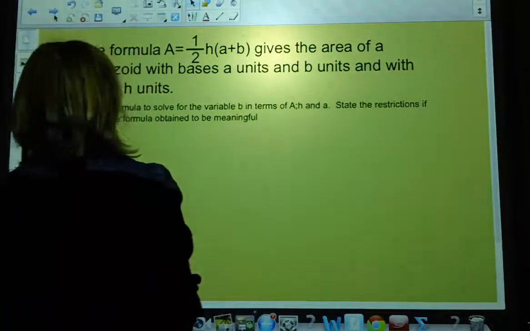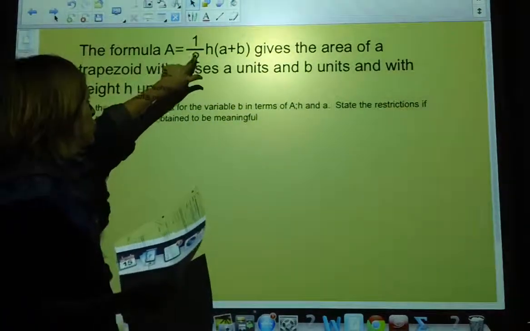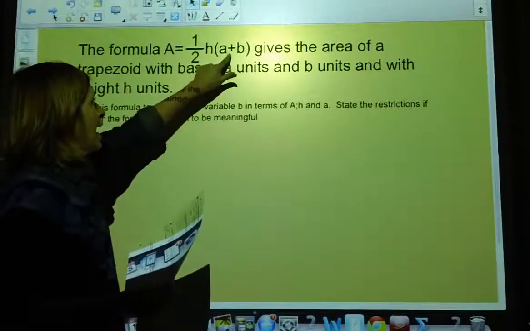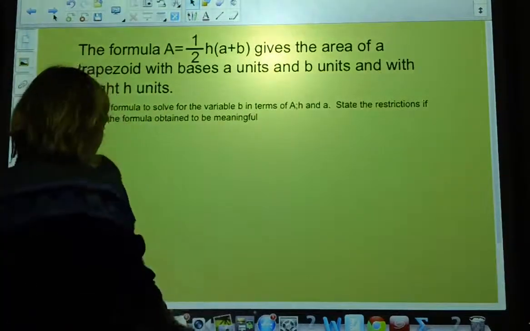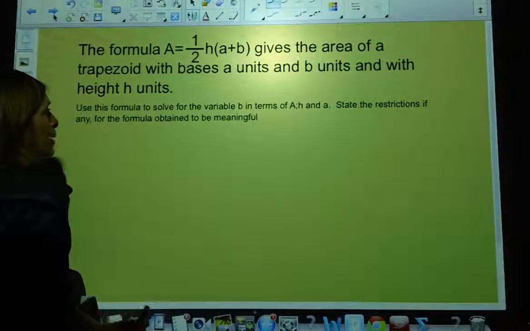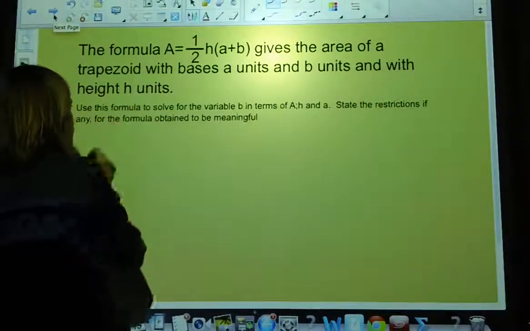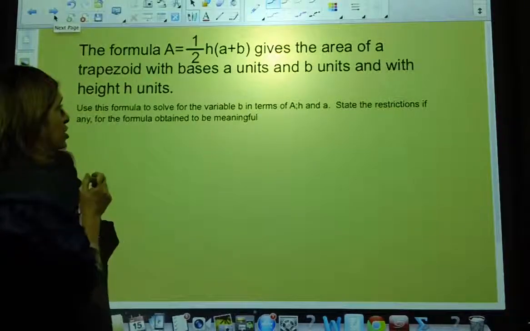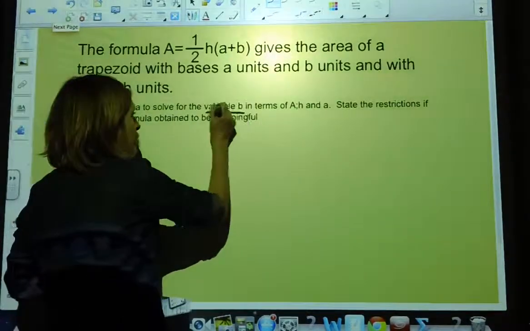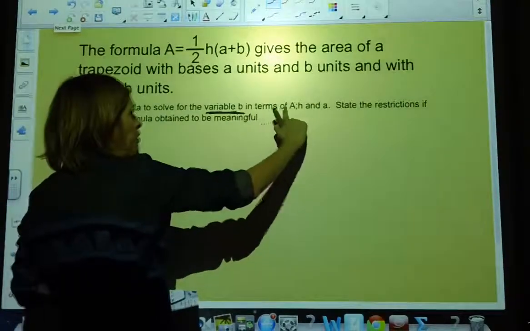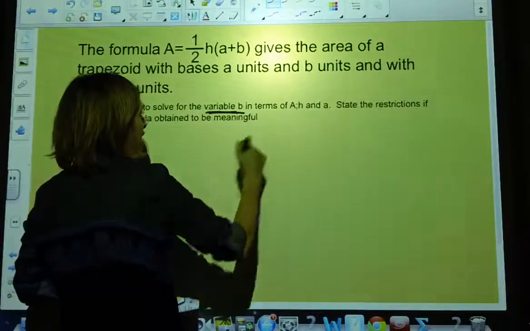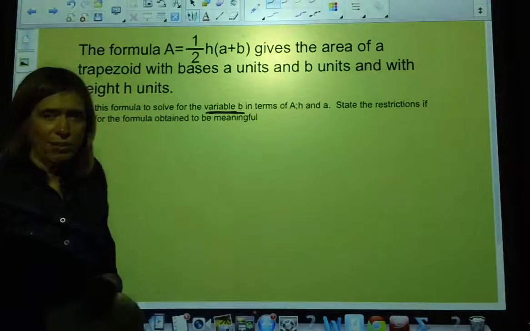Number 2. The formula A equals 1/2 H, (a plus b), gives the area of a trapezoid with bases that are a and b units and with a height of h units. Use this formula to solve for the variable b. We want to solve for b in terms of A, H, and a. So it's going to be b equals something.